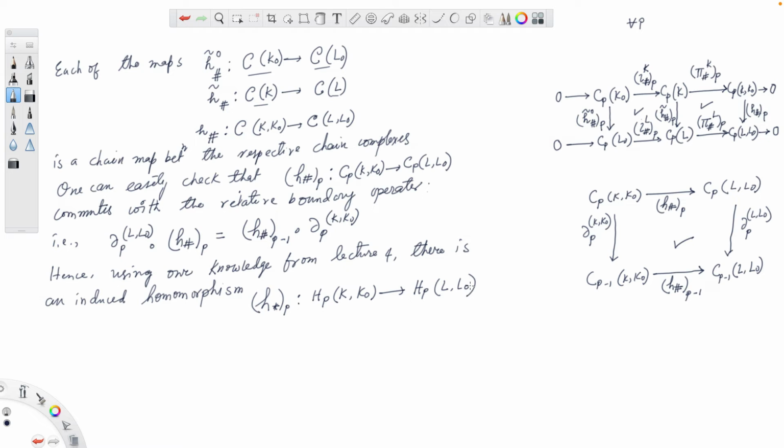So there are other induced homomorphisms at the level of absolute homology groups. Let me write them out.